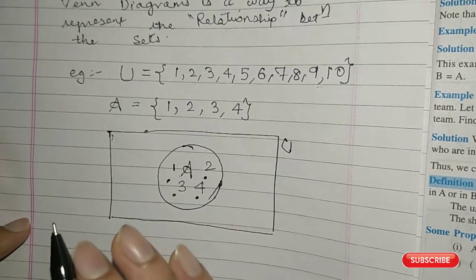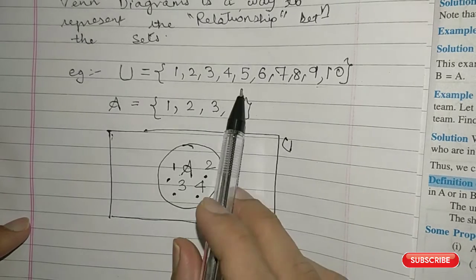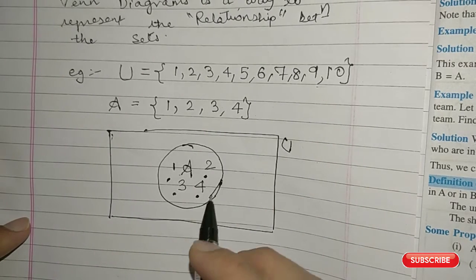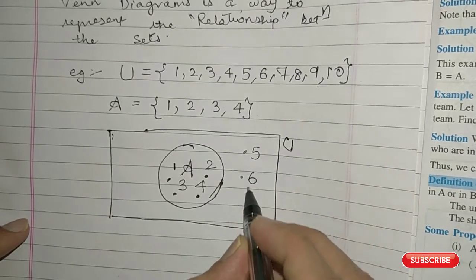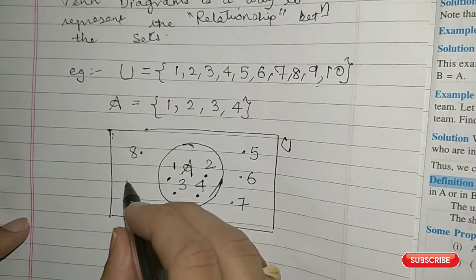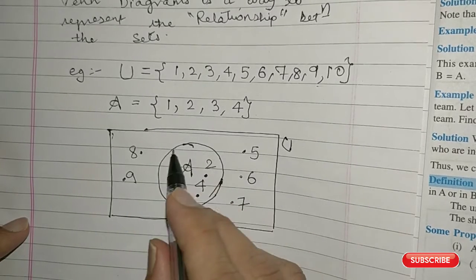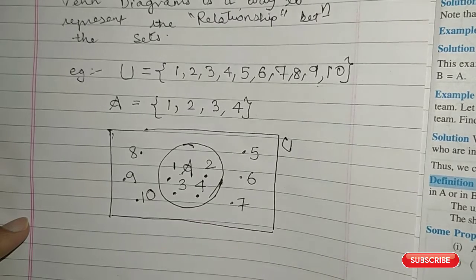The rest of the elements you write outside A. So you will get 5, 6, 7. You can write the elements anywhere, but they should be outside A. 8, 9 and 10.